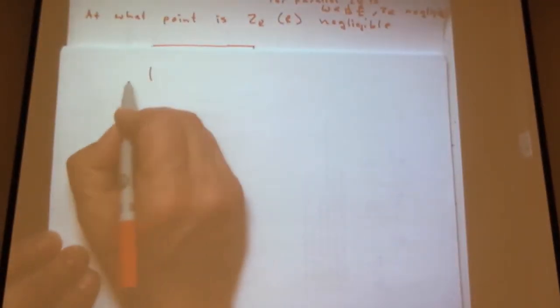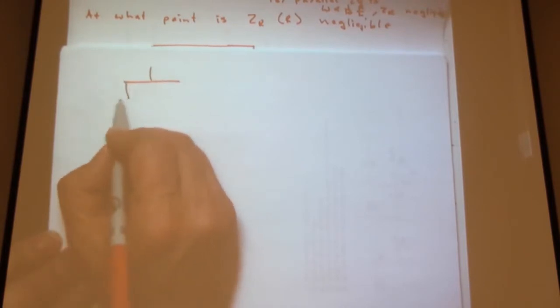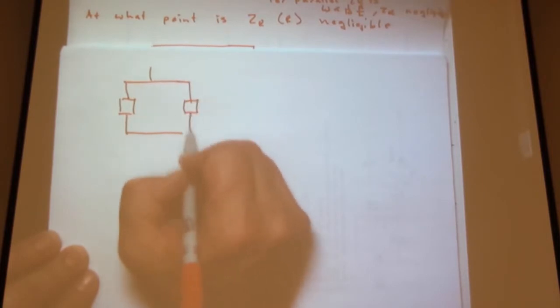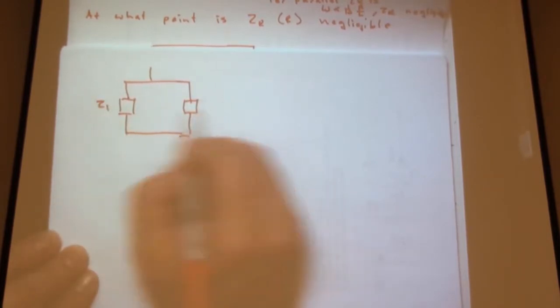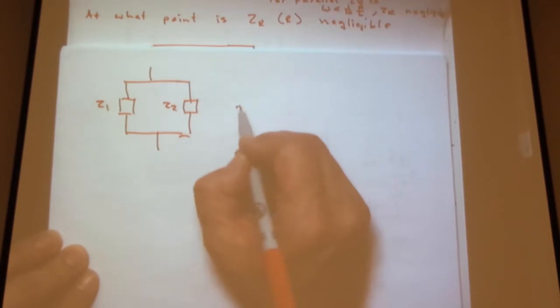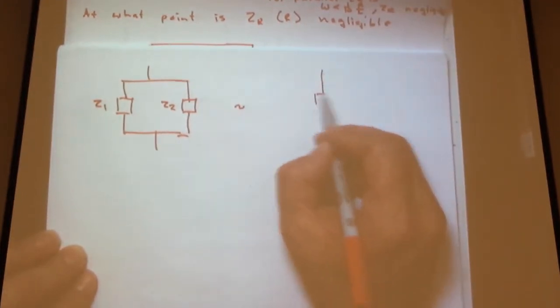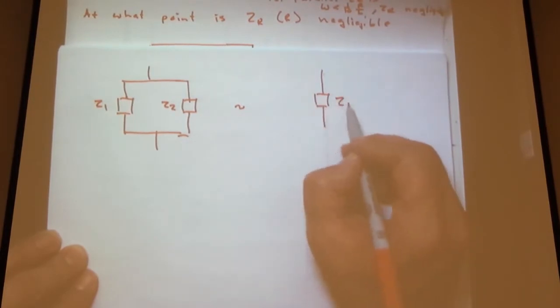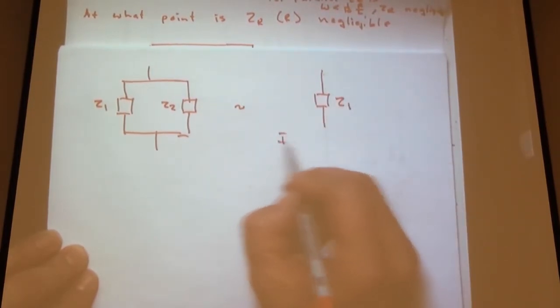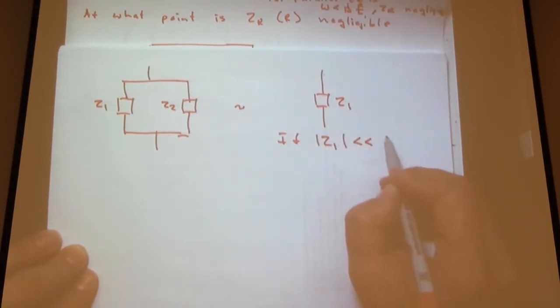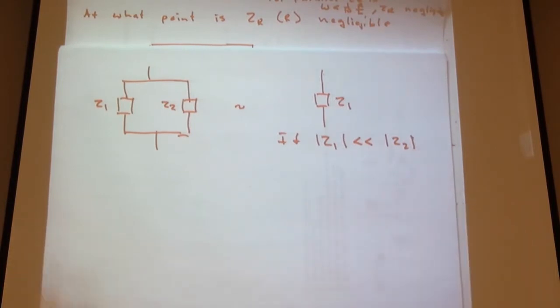In general, a big impedance in parallel with a small impedance is approximately Z1 if the magnitude of Z1 is much less than the magnitude of Z2.